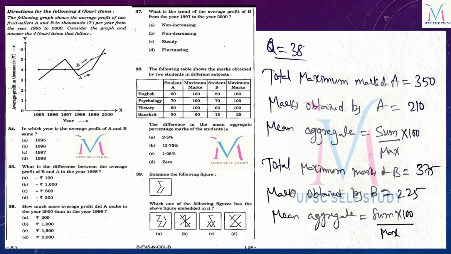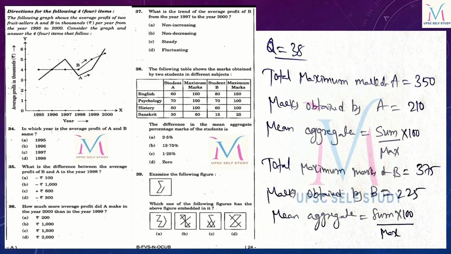The following table shows the marks obtained by two students in different subjects. Here are student A, maximum marks, and student B, maximum marks.